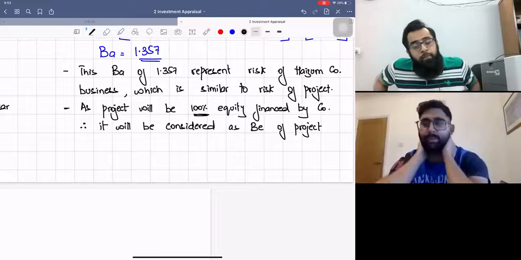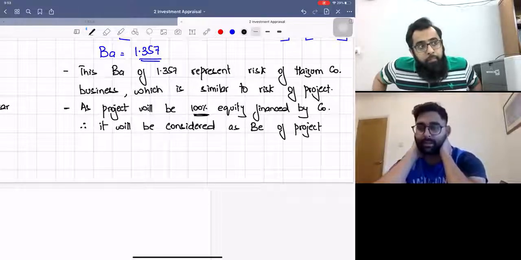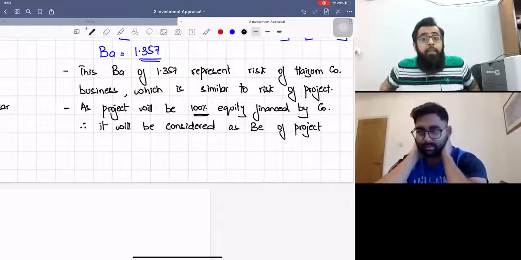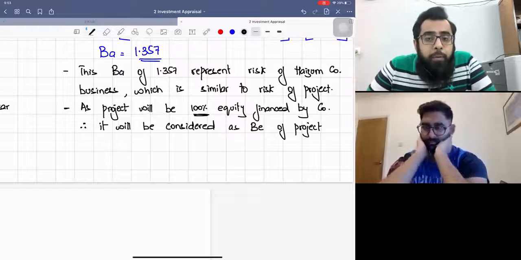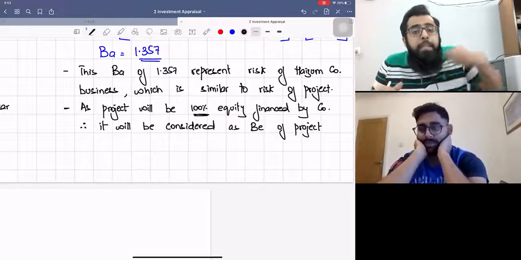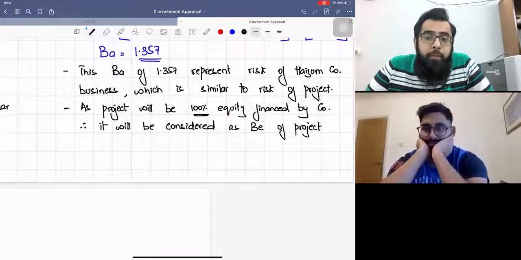How have you assumed that we're investing 100% equity? Because the company is becoming the owner of this project. The company is investing the funds in the project.